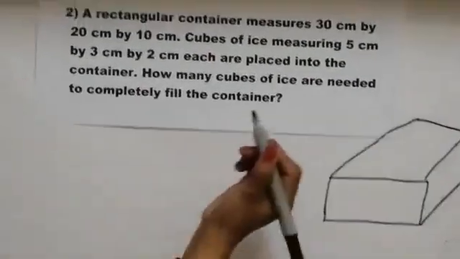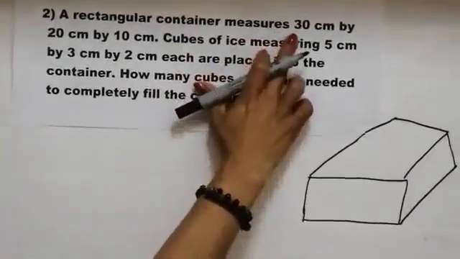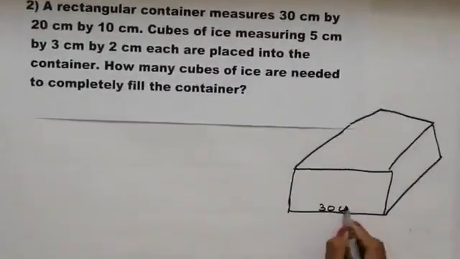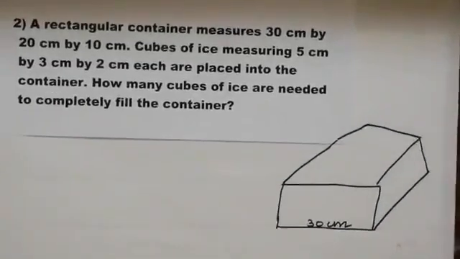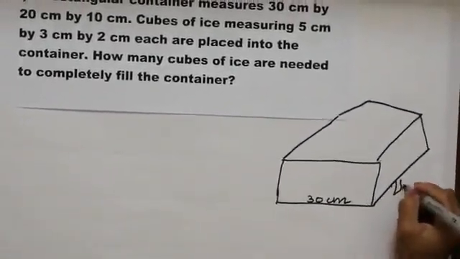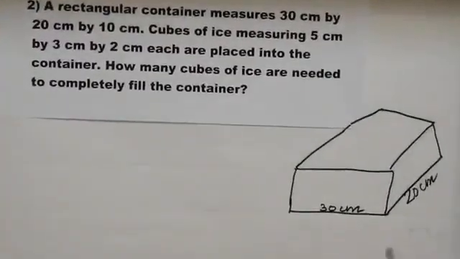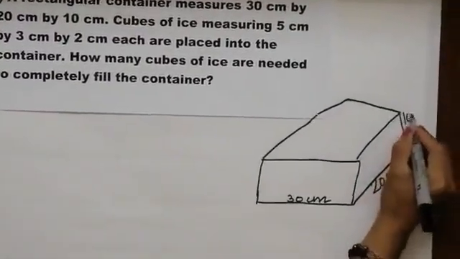Okay. Now we will write the measurements. What is the measurement given? Length 30 centimeter, breadth is equal to 20 centimeter, and the height of this container is 10 centimeter.